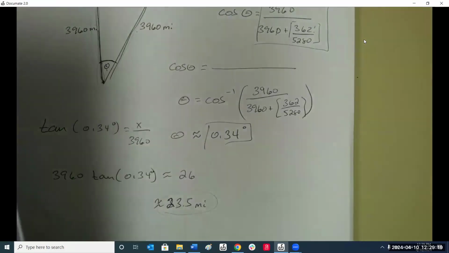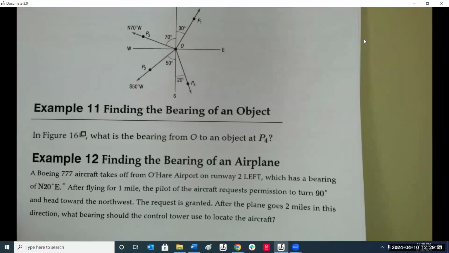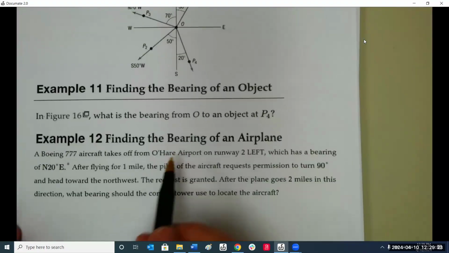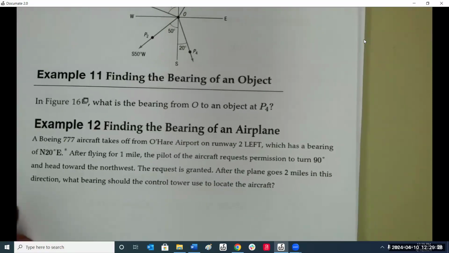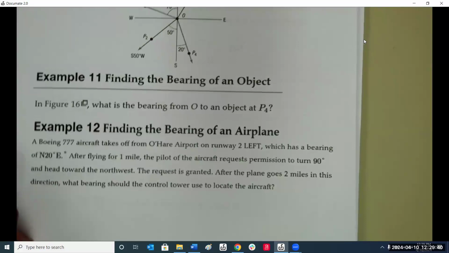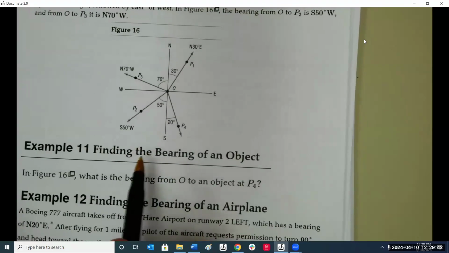Okay, let's look at example 12. Finding the bearing of an airplane. What is a bearing? When you're taking the bearing of something, what are you looking at? Relative to where?